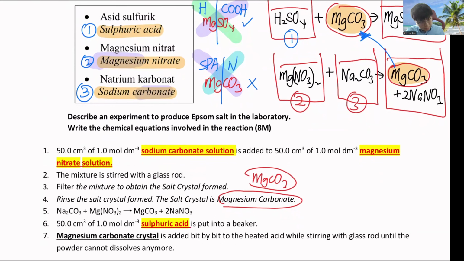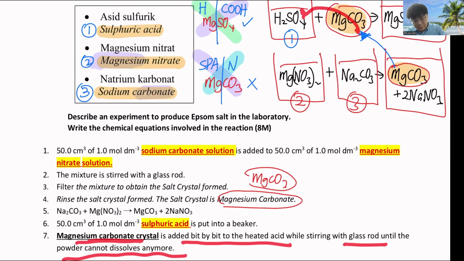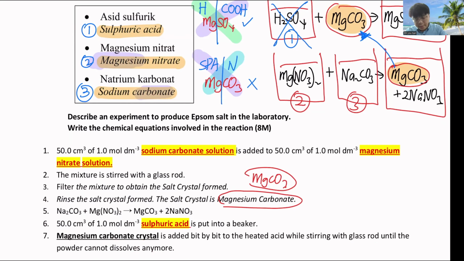Heat the acid, and then the magnesium carbonate is added bit by bit to the heated acid, stirring with a glass rod until no more dissolves. This means adding the magnesium carbonate in excess, so there is no more acid. Then how do you remove the excess magnesium carbonate? You filter.